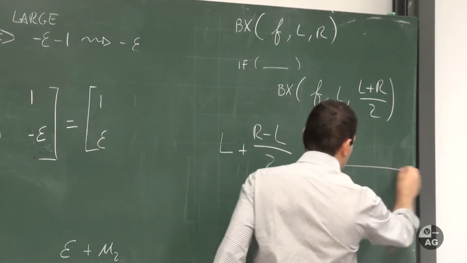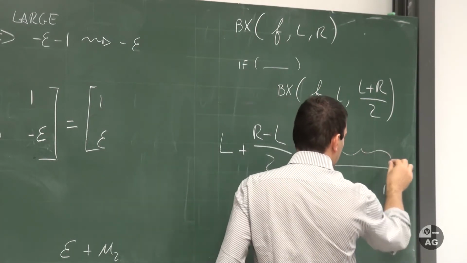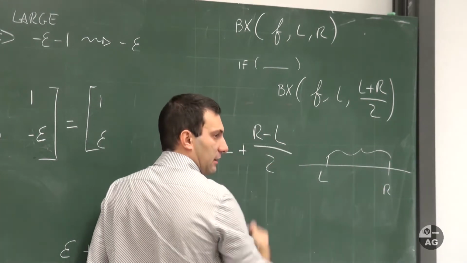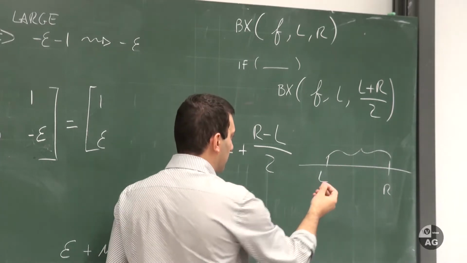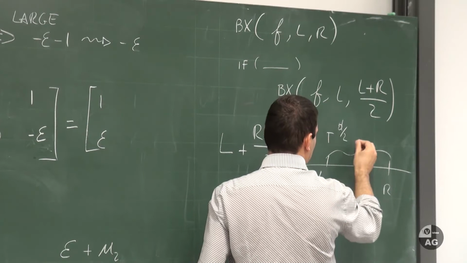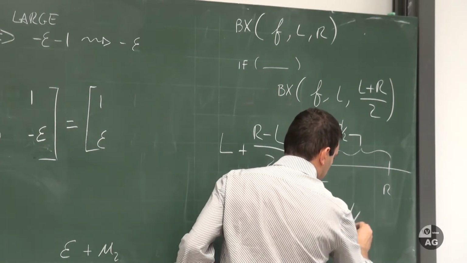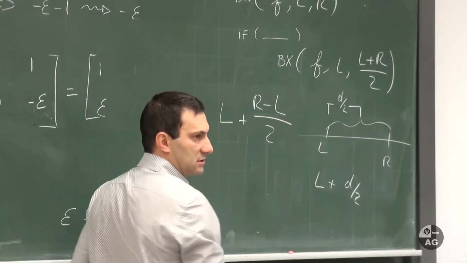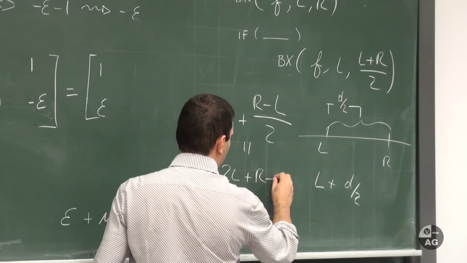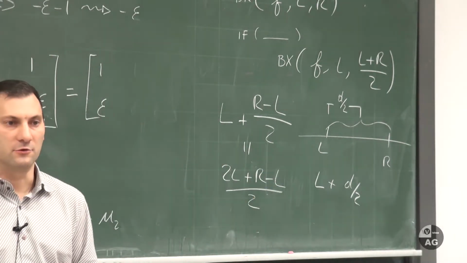So basically, I compute this distance here, which is R minus L. Then I divide it by 2, so I have distance over 2. And then I say L plus distance over 2. And of course, this goes back to L plus R over 2.